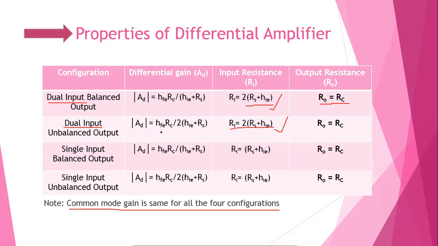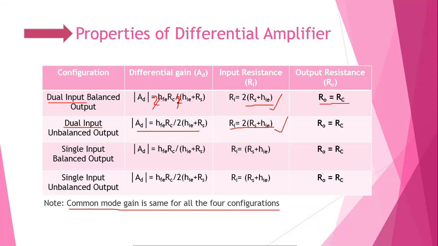So for balanced output we multiply this expression by 2. As we have a denominator 2, the 2 and 2 get cancelled, and hence you will get hfe into RC by hie plus Rs. So dual input unbalanced output differential gain will be equal to hfe into RC by 2 into hie plus Rs. If you don't remember this expression, then first just remember only this one.